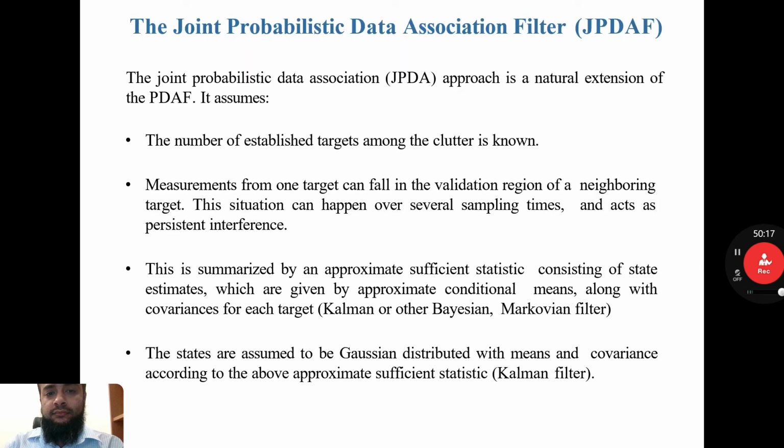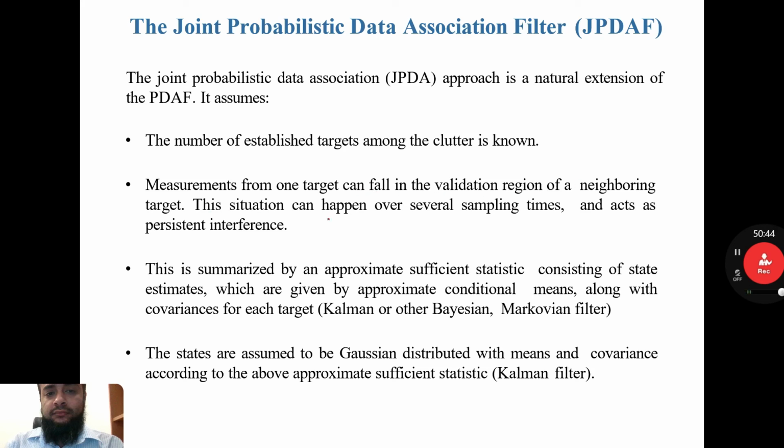Now the joint probabilistic data association is very similar to the PDA filter, and is a natural extension of it. It assumes the number of established targets among the clutter is known. Measurements from one target can fall in the validation gate of a neighboring target.